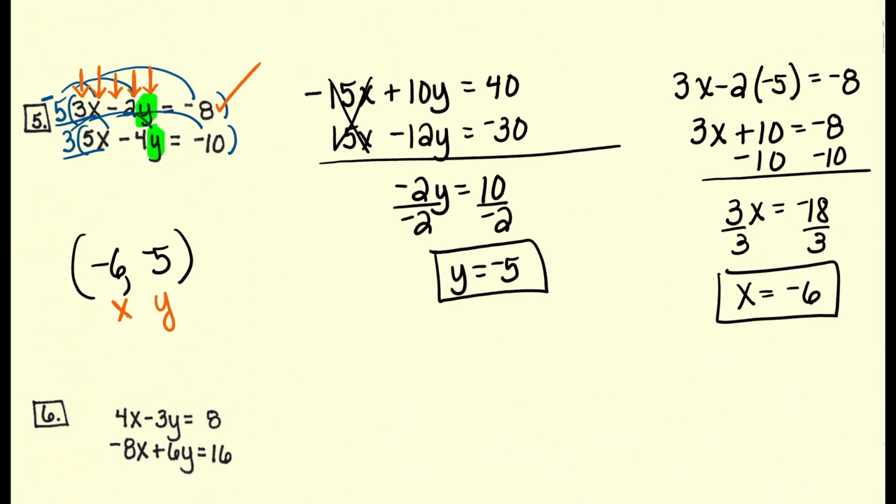We've got to try it in the bottom equation too. So 5 times your negative 6 minus 4 times your y, which is negative 5, equals, and sure enough, that equals negative 10. It must check in both equations to be a valid solution.